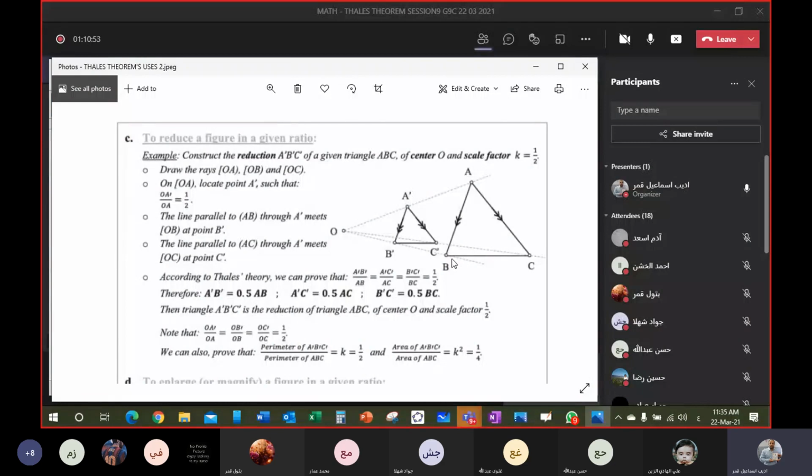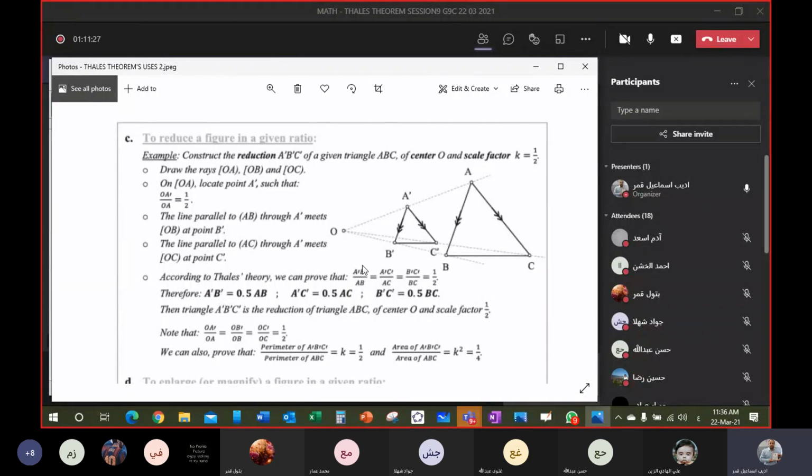Also, OB prime over OB equals OC prime over OC equals B prime C prime over BC. And OA prime over OA equals OC prime over OC equals A prime C prime over AC. From these we prove that A prime B prime over AB equals A prime C prime over AC equals B prime C prime over BC equals 1 over 2. Therefore, A prime B prime equals 0.5 AB.